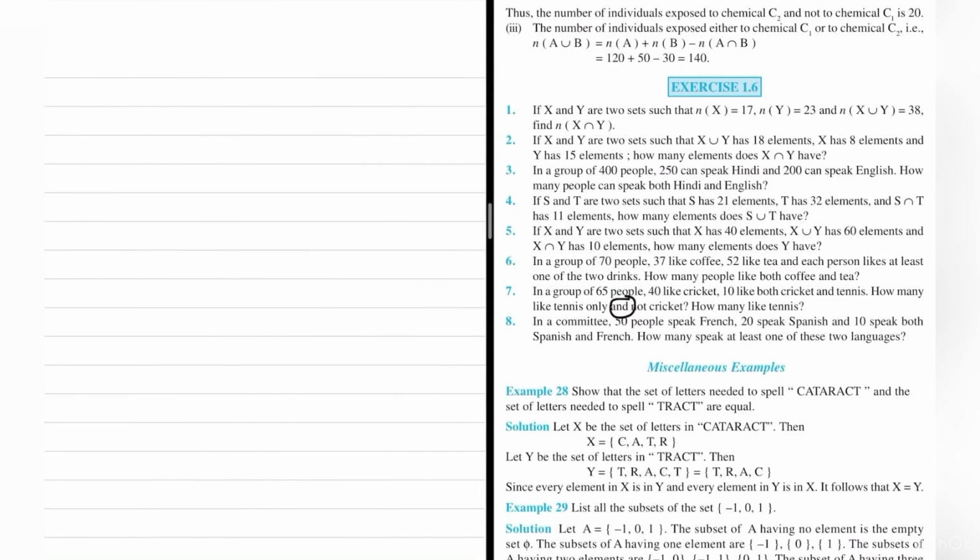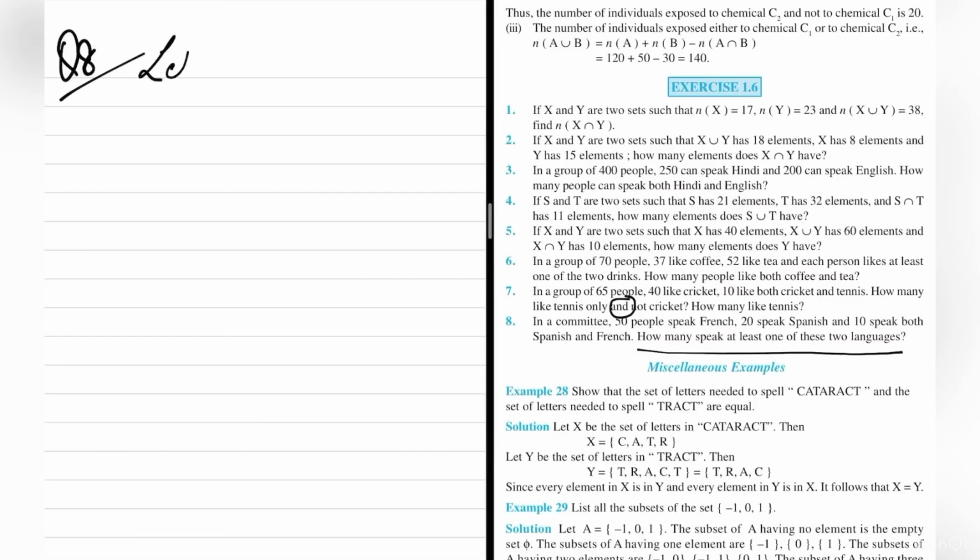Last question, question number 8. In a committee, 50 people speak French, 20 speak Spanish and 10 speak both Spanish and French. How many speak at least one of these two languages? How many speak at least one of the two languages is basically that you have to find the union. First, let us define the set.